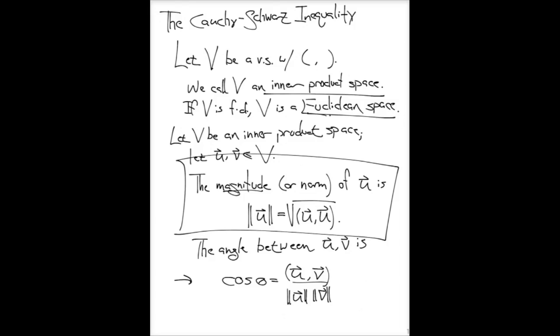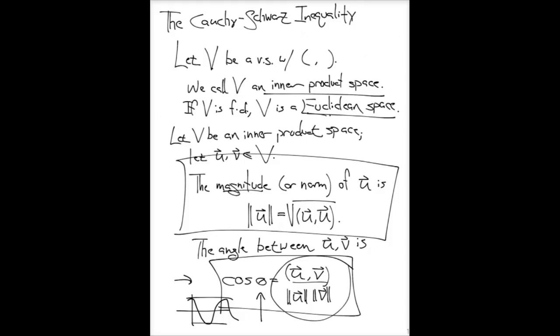This one may not work because we have to remember that the range of cosine, remember the cosine function looks like this, is between -1 and 1. So this expression can only be solved for the angle theta if this thing on the right is a number between -1 and 1. But we have, so far, absolutely no control on the size of this and the size of this.